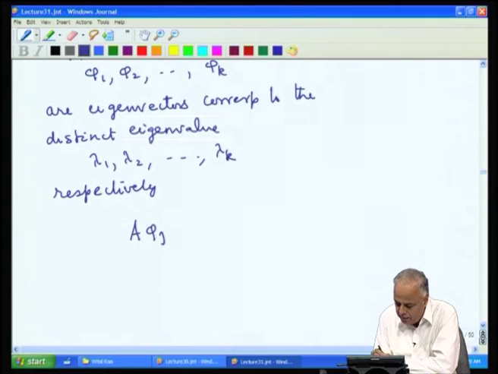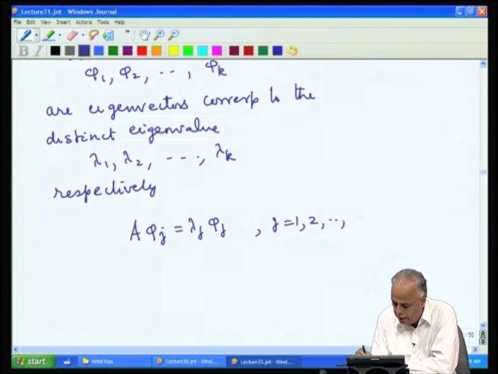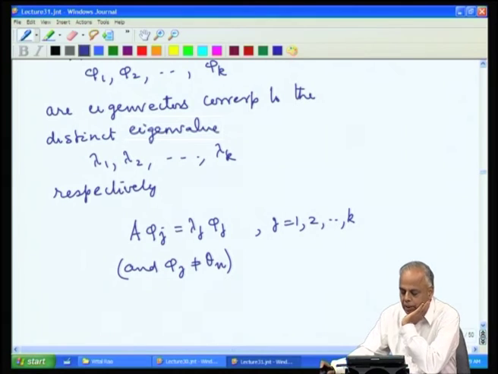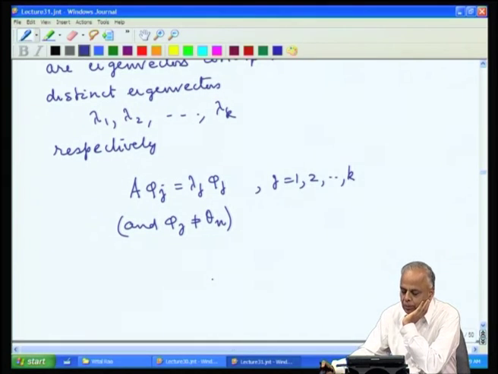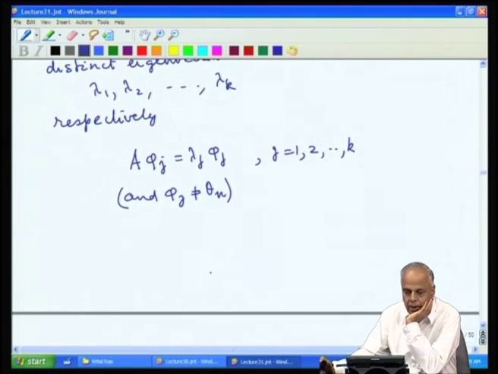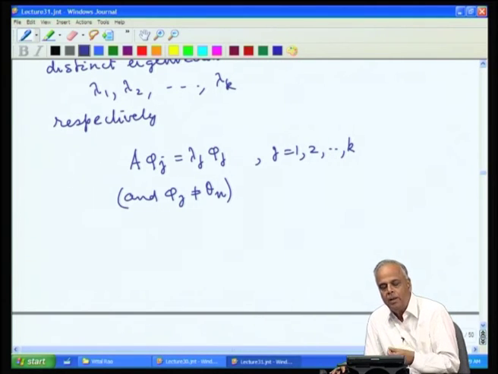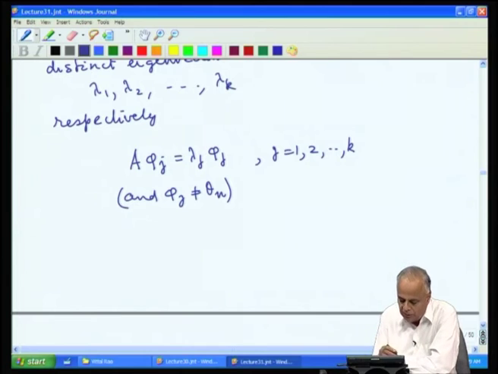So, what does that mean? A phi j is equal to lambda j phi j for j equal to 1, 2, k, and the phi j are not 0. They are non-zero vectors because they are chosen to be eigenvectors. So, we have A phi j equal to lambda j phi j, and we have just now observed that when you have an eigenvector, the polynomial evaluation is easy.